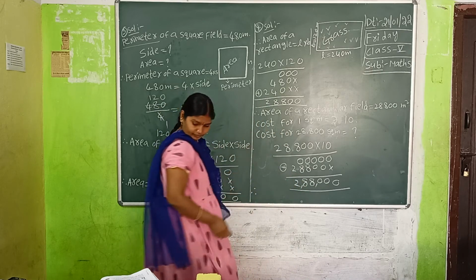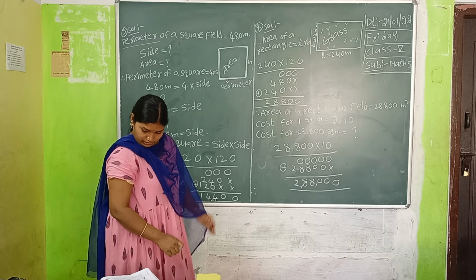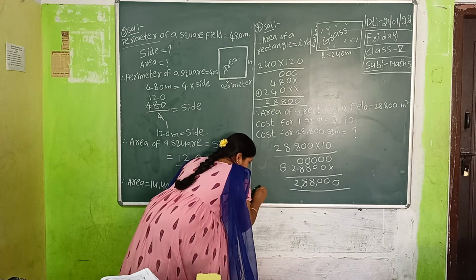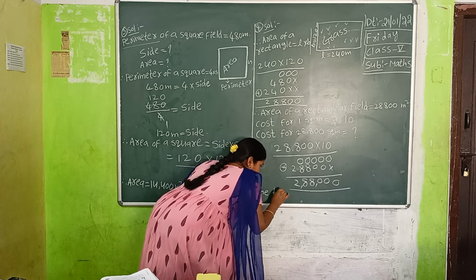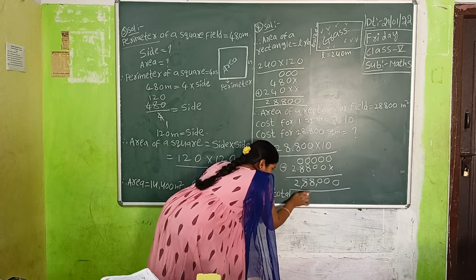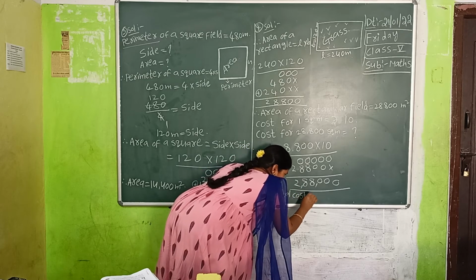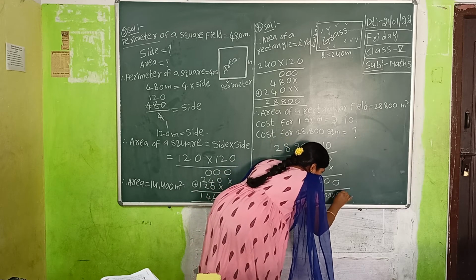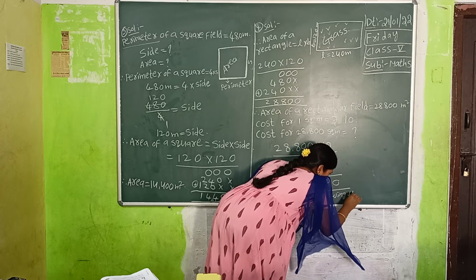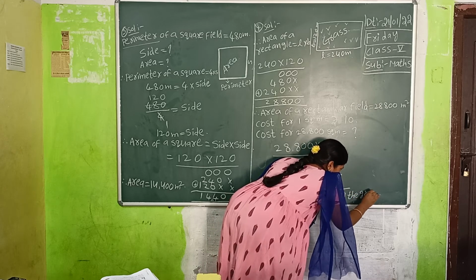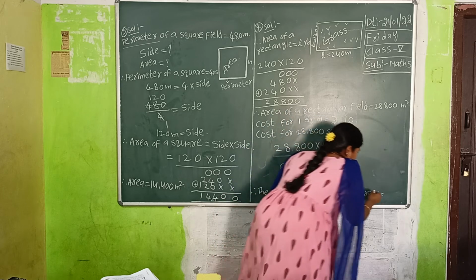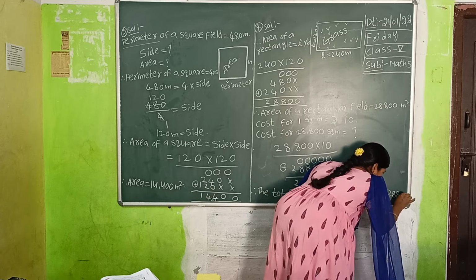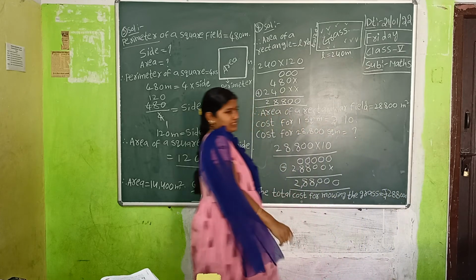Therefore, the total cost for mowing the grass is equal to rupees 2,88,000. This is the answer.